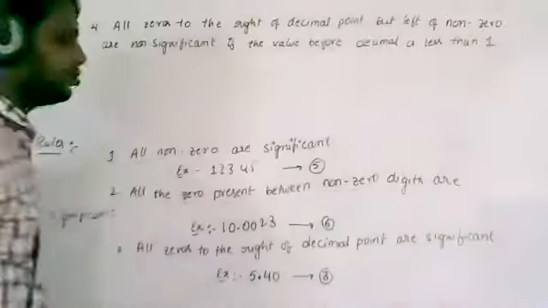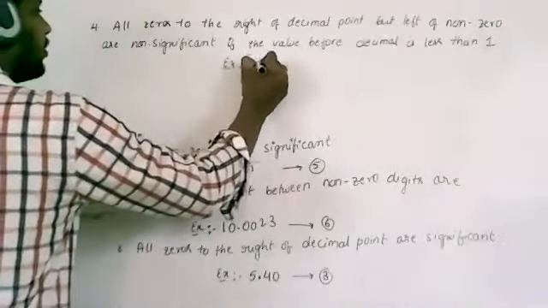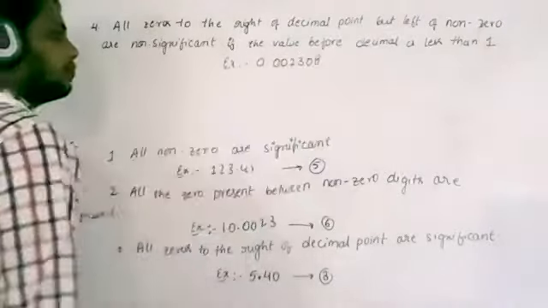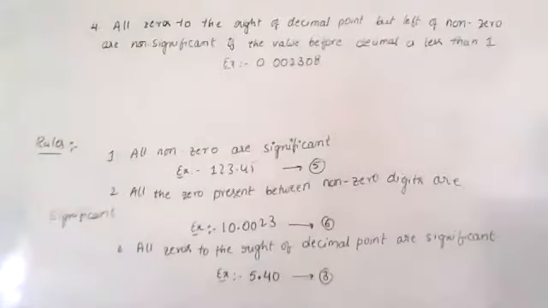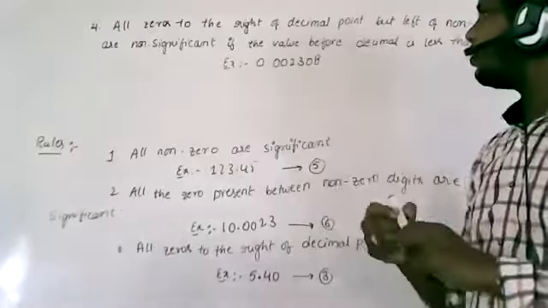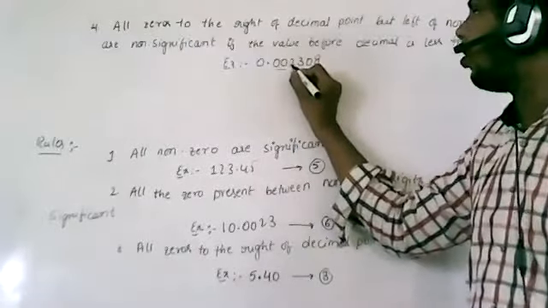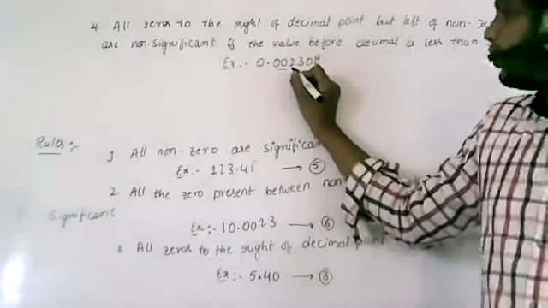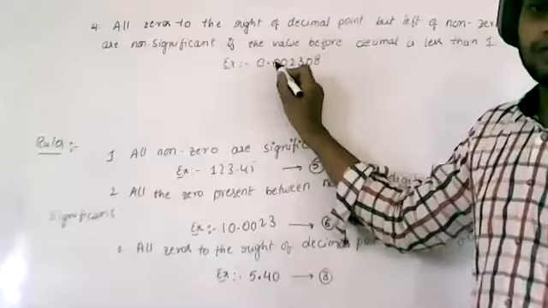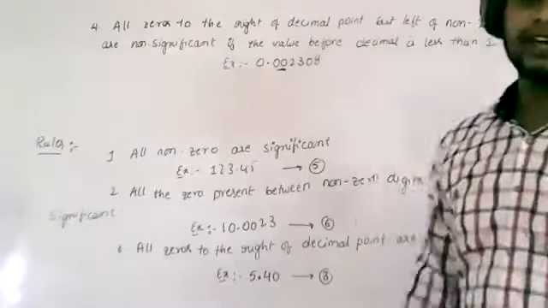For example, I'll take the value 0.002308. These two zeros are present to the right of the decimal but to the left of non-zero digits, and the value before the decimal is less than 1.